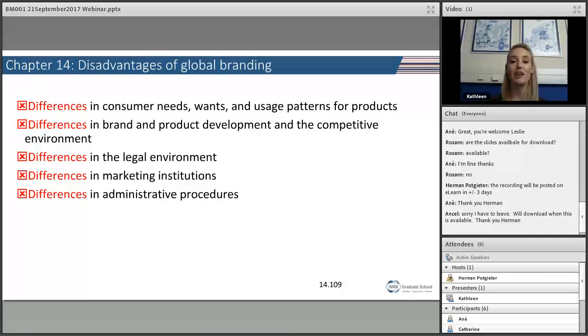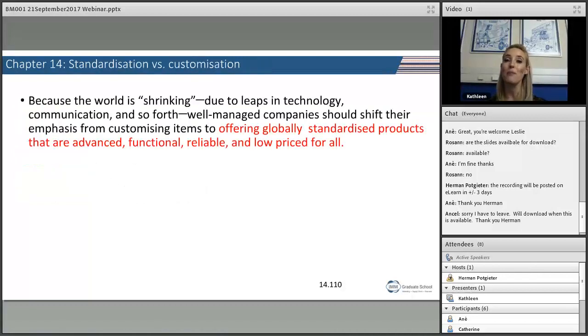Again, however, for every advantage, there's a disadvantage. So the disadvantages of going global with your brand is that in some cases, our customers are very diverse and have different wants, needs, and preferences, and even perceptions. And that means that a single global brand may not suit everyone. We also have to remember that in some cases, we may have to change our product or our branding because in different markets, we have different competitors.